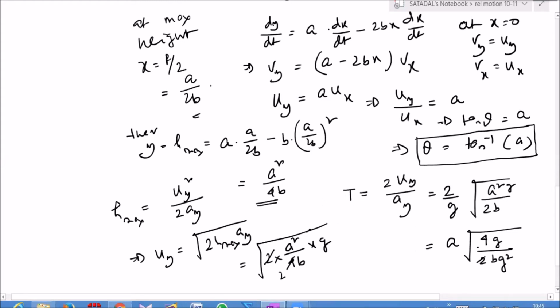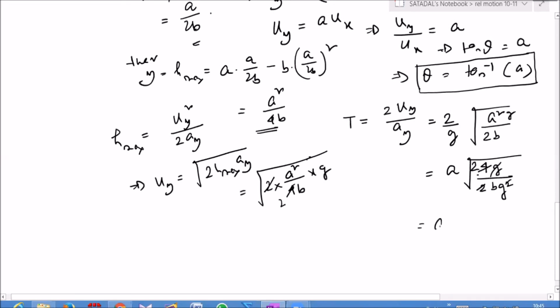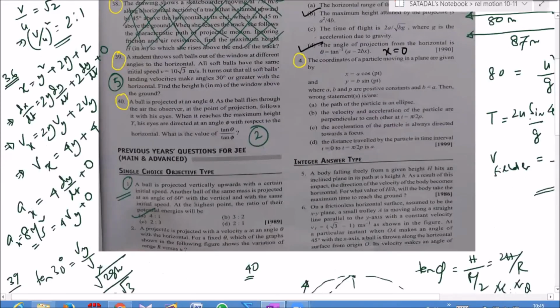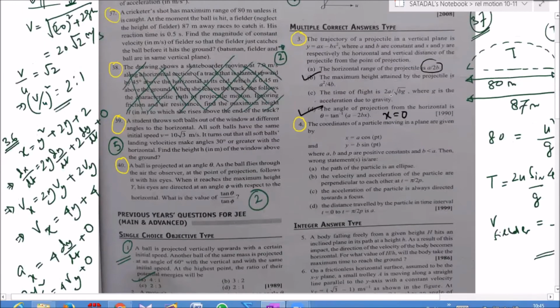So this 2 cancels, this G one cancelled. So it is coming to be A root under of 2 by BG. So this is the time of flight. Now let us check time of flight. Time of flight is coming to be, no, it is wrong. So the correct answer is B and D.